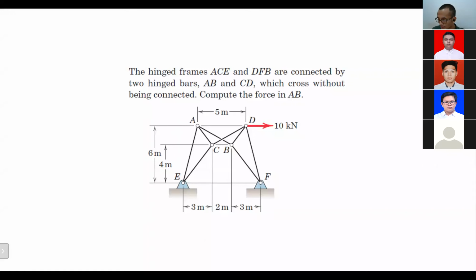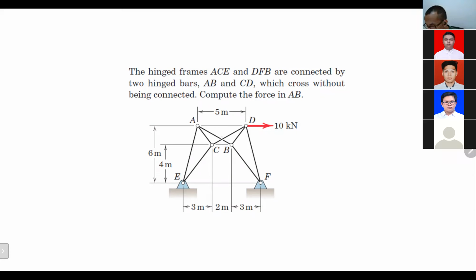The frame here, not the frame, this one is a truss system. The truss system A, C, E, D, F, P are connected by two force members A, B, and C, D. But remember, A, B and C, D are not connected in the middle.